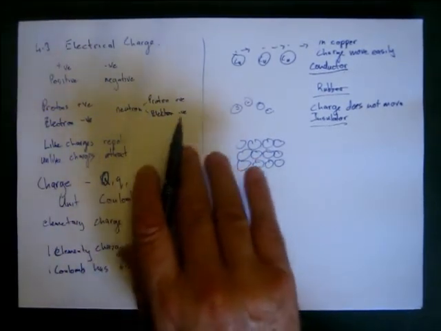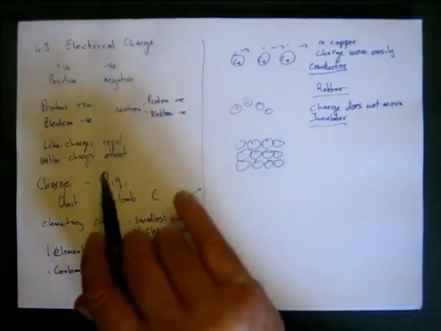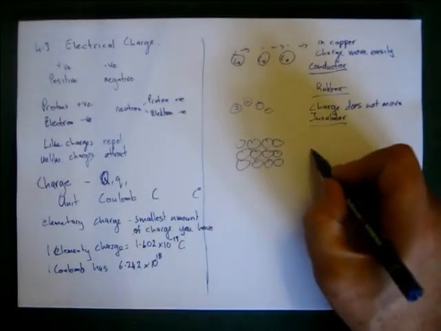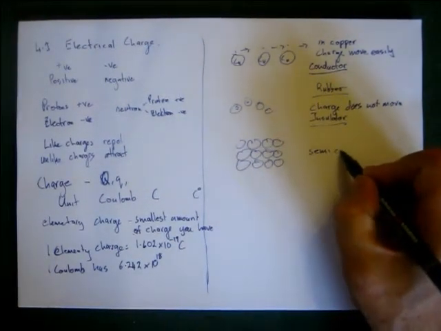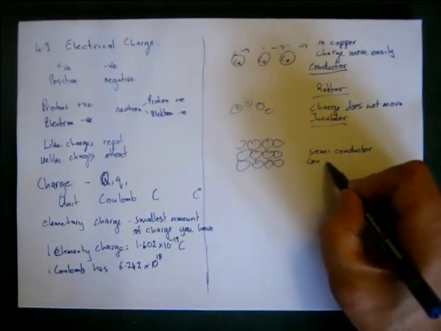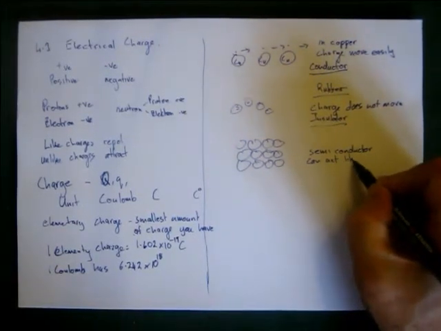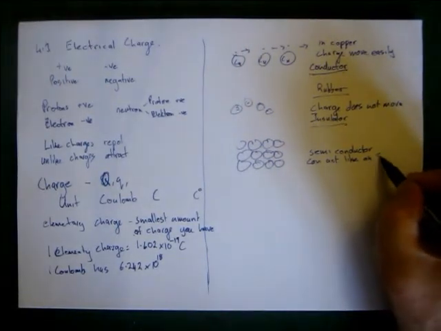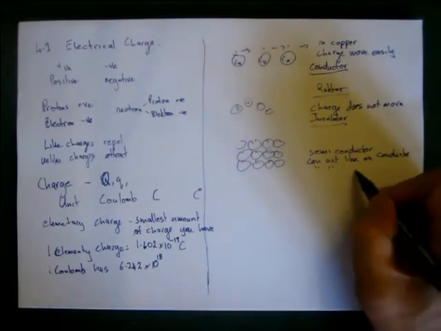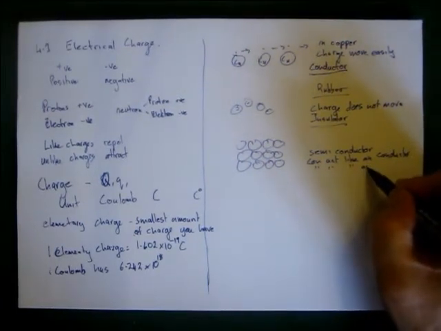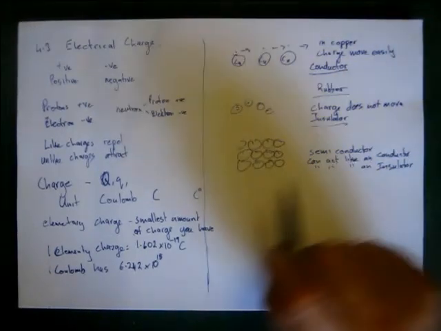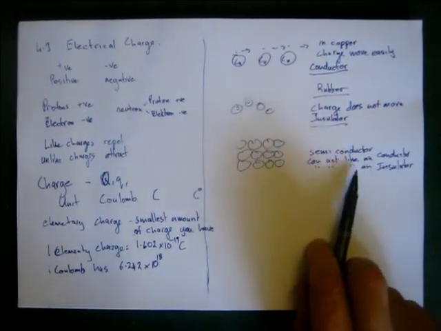So if you can change the conductivity of this material at your discretion, it's called a semiconductor. So a semiconductor can act like a conductor, and it can act like an insulator. And the important thing is, with the semiconductor, it's able to switch between those two things.